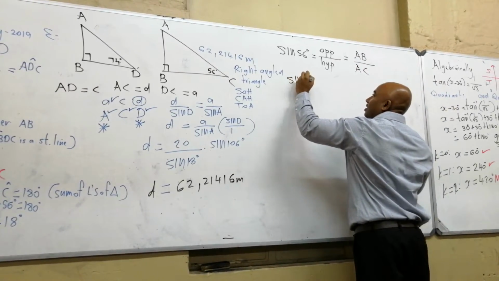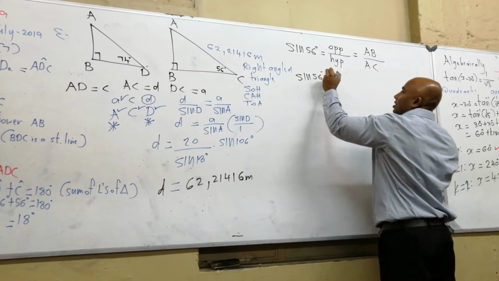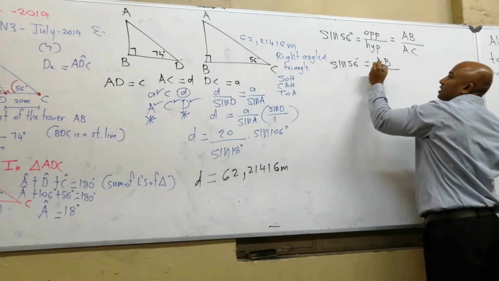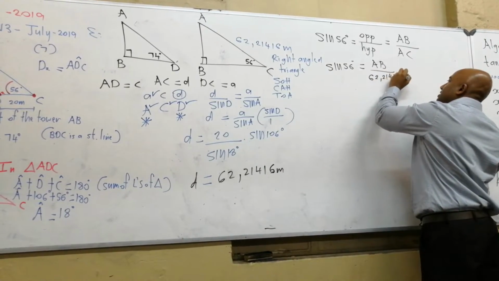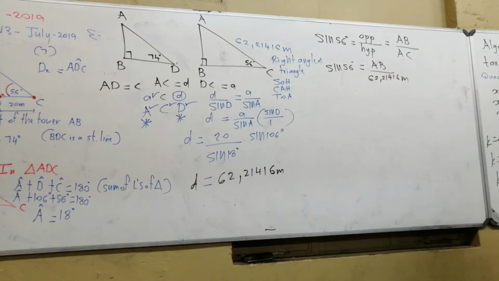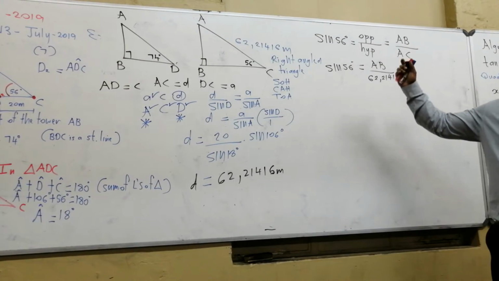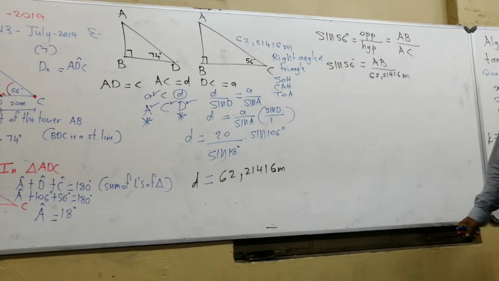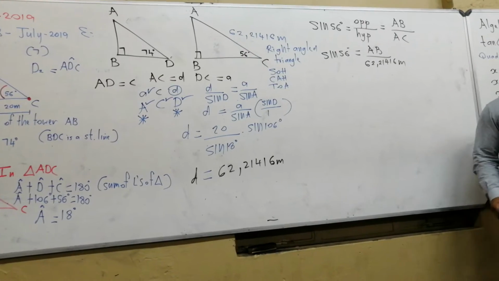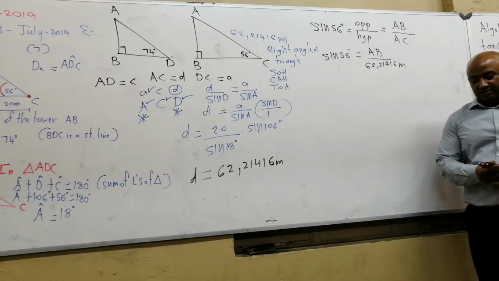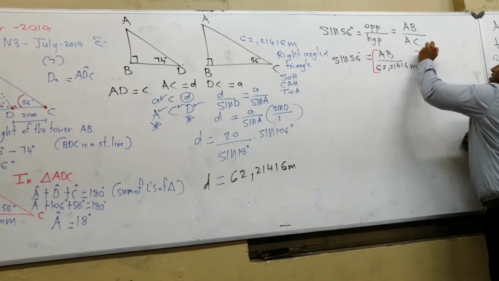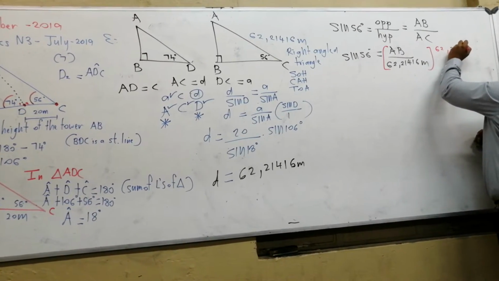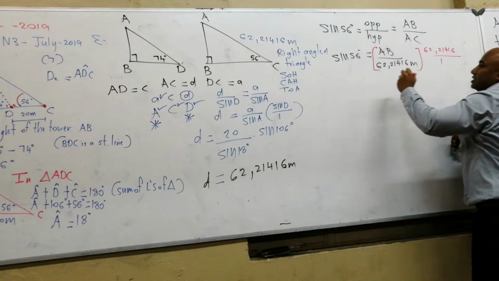So we're going sine of 56 degrees is equal to opposite, which is AB, over hypotenuse, which is 62,21416 meters. And now all I have to do is make AB the subject of the formula. How do I do that? I will multiply by 62,21416 on both sides.